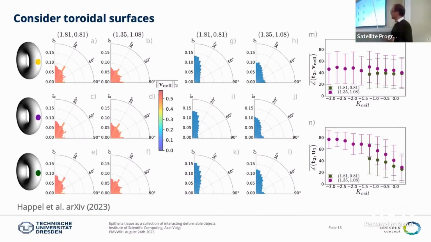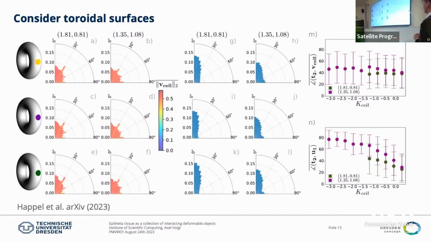What we can now do is look at this as a function of the Gaussian curvature. So we bin different parts of our torus and look at how the velocity and the orientation, the angle between this and our tangential direction, behave.